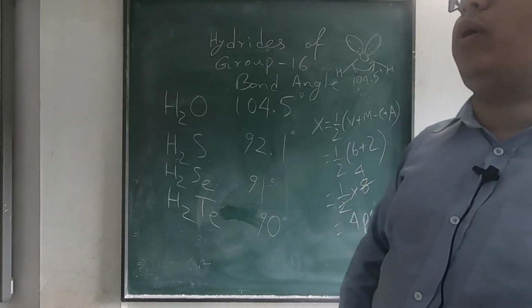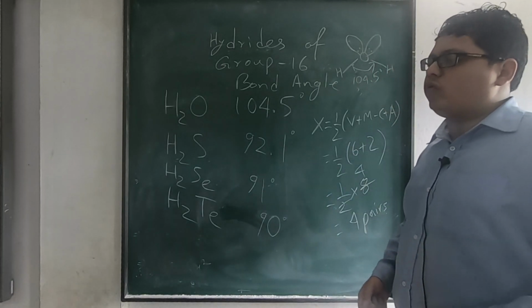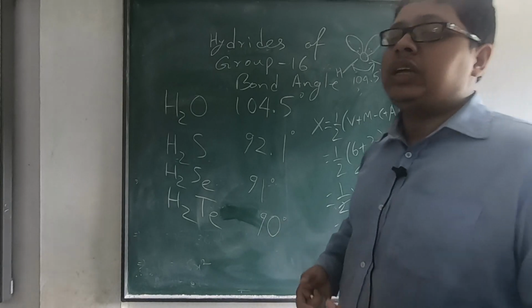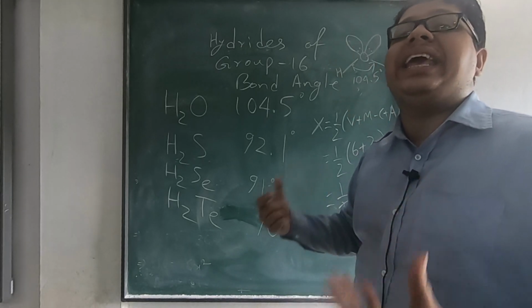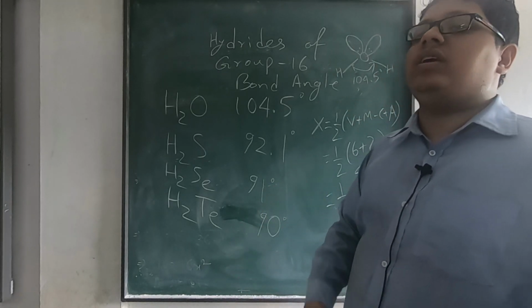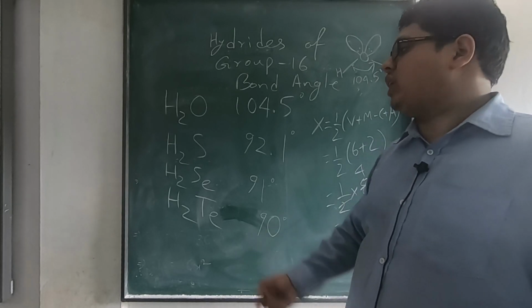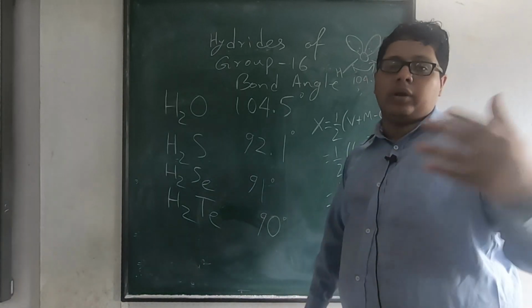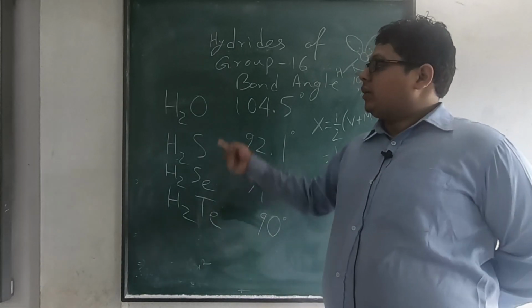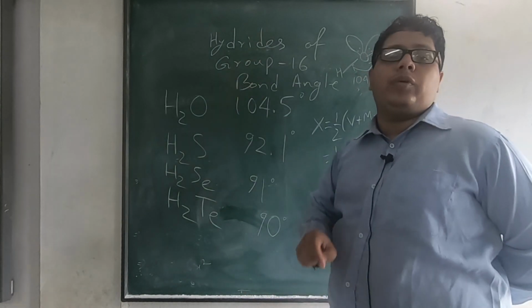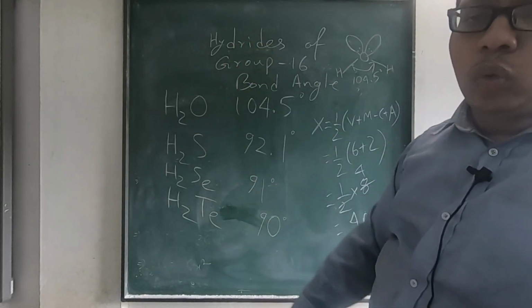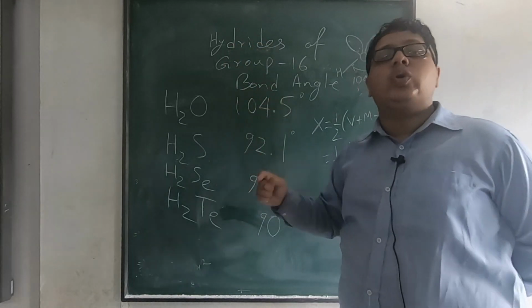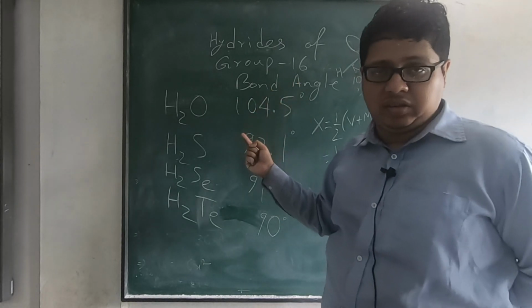There is a decrease in the bond angle because of the change in electronegativity of the elements. Here, as we already know from our class 10 knowledge, if we go down the group, the electronegativity decreases, is it not?